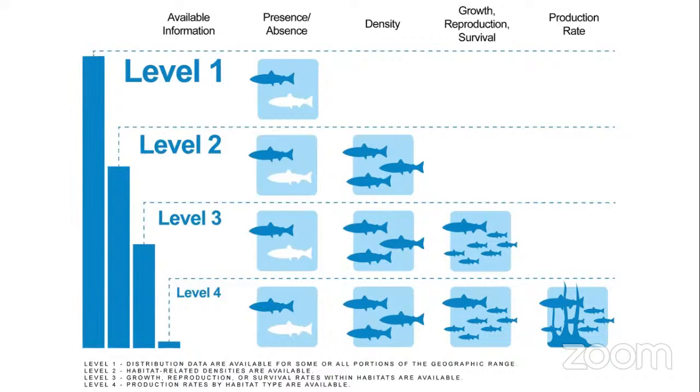And then finally, the highest level, which they have the lowest amount of information on so far, would take you right up to being able to work out what parts of the environment have the greatest effect on adding fish into the wider population, the most productive habitats. And that's really the gold standard.